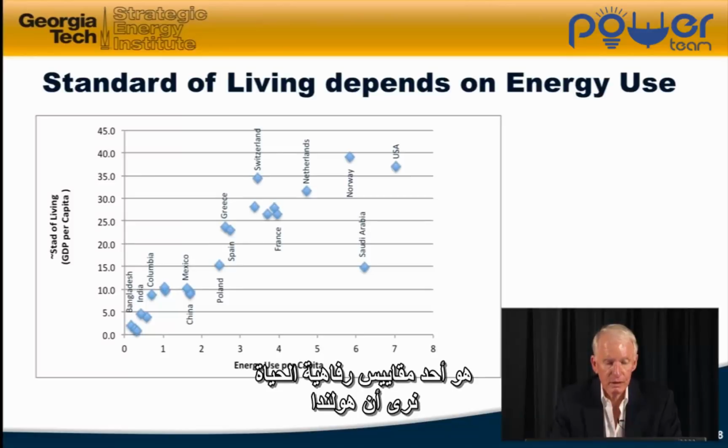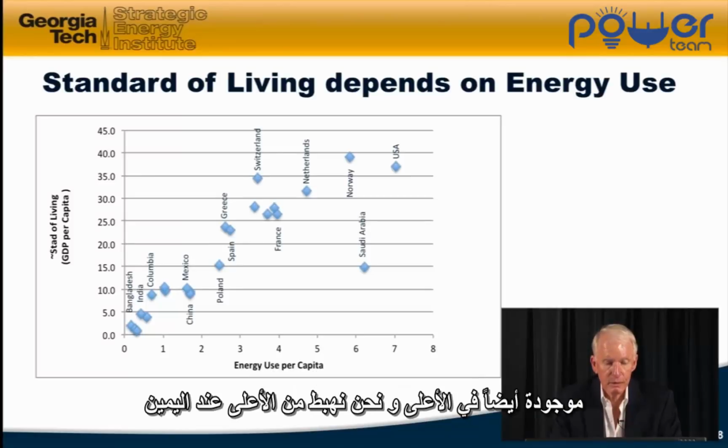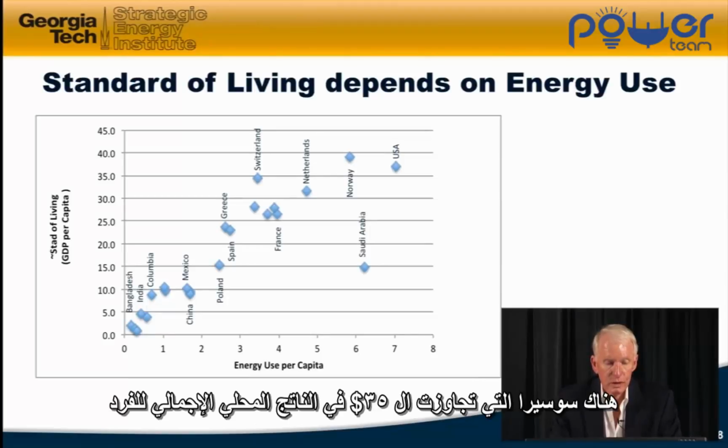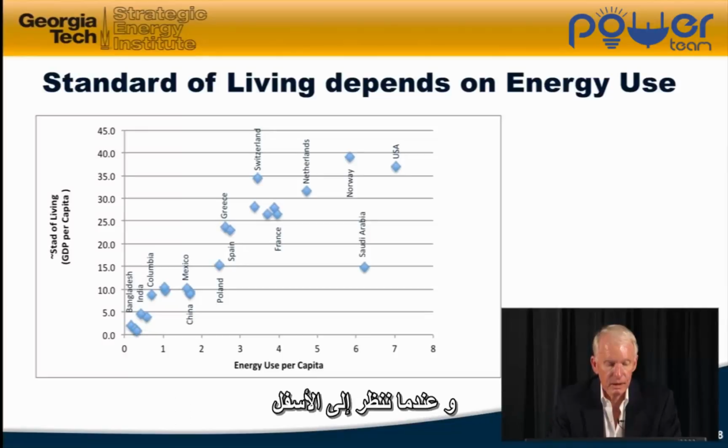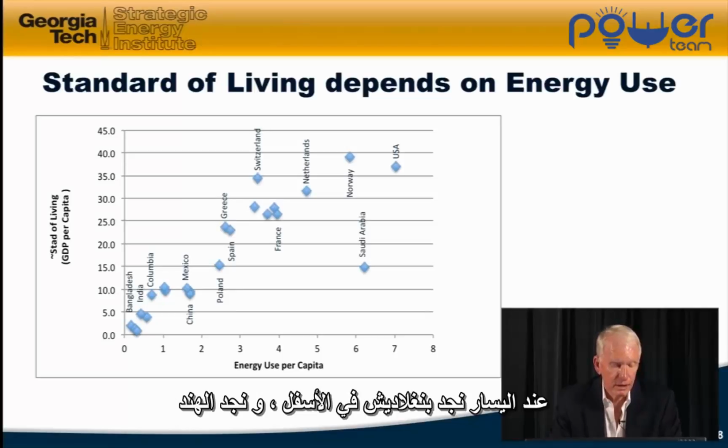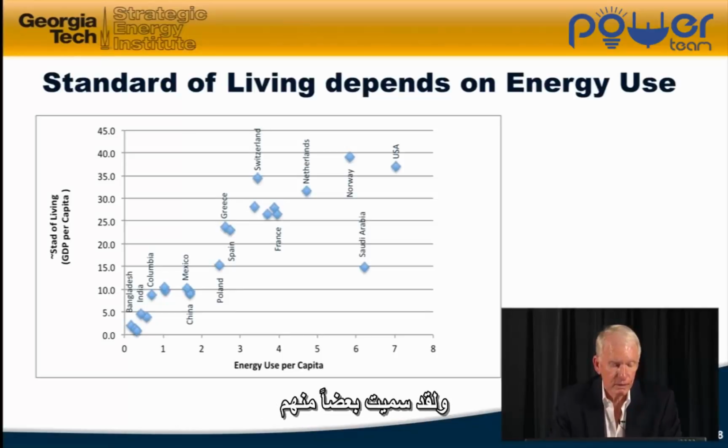You see the Netherlands is out there as we come down from the upper right. There's Switzerland that's over there at $35 in gross domestic product per capita. And you come on down toward the bottom left, you got Bangladesh down there, we got India, I've labeled a few of them.